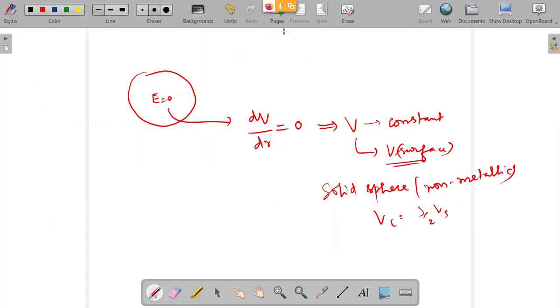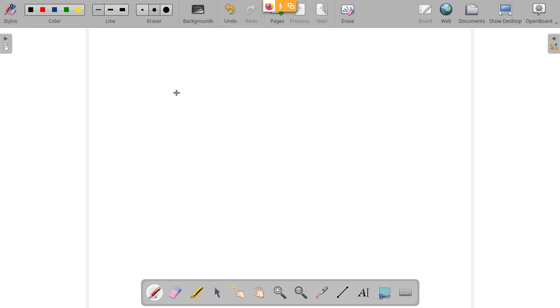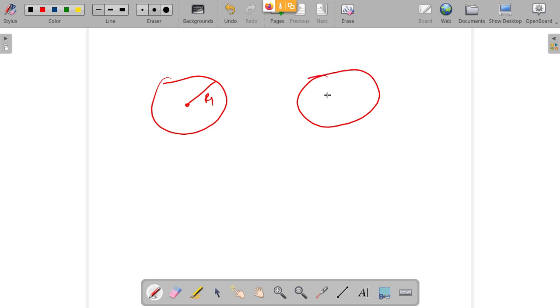So what is given in this question? We have two charged spheres having radius R1 and R2, some other value. What is common here? Sigma 1 and sigma 2. They are the same. Sigma 1 is equal to sigma 2. How do you define the surface charge density sigma? That is the charge on the first sphere divided by its surface area.